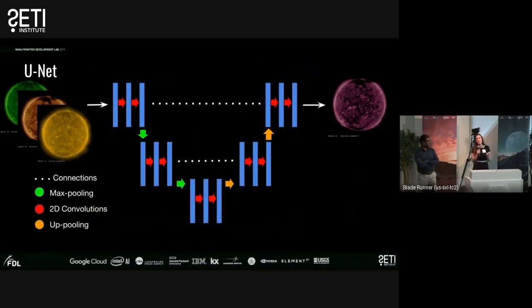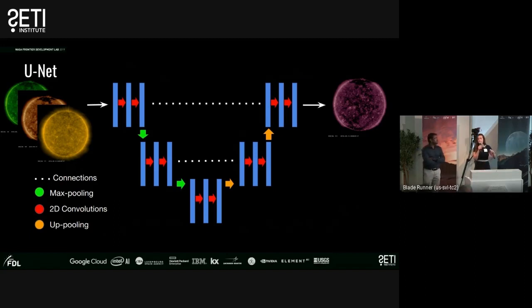We also use a deep neural network in this case, a UNet architecture. Those of you that work in machine learning probably already heard about this architecture. It's usually used for image segmentation, especially on medical data.